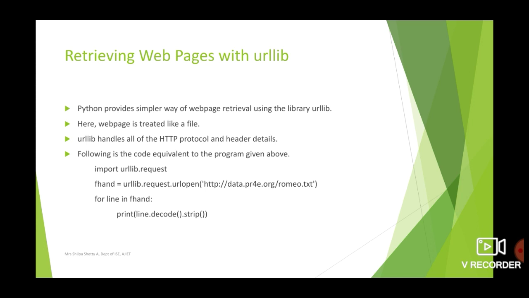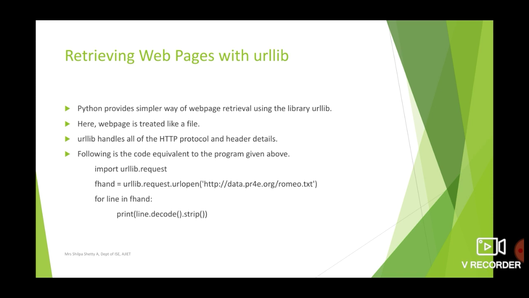Let us take a web server called data.pr4e.org. From this particular server we would like to retrieve a text file called romeo.txt. We have already discussed the previous version, how we can access this particular page by using sockets. Now we will repeat it again, but this time by using the urllib library.